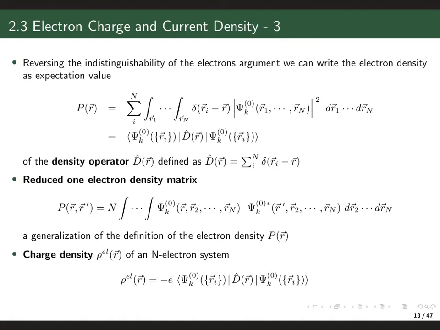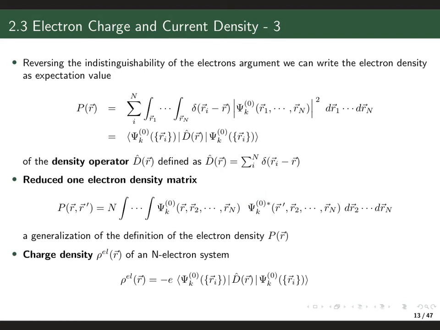Sometimes, and we will see some applications later on, we need to generalize this definition of the density to what is called the reduced one electron density matrix. And we have to do that because we need to distinguish between the variable here in the wave function and the variable in the complex conjugate of the wave function.